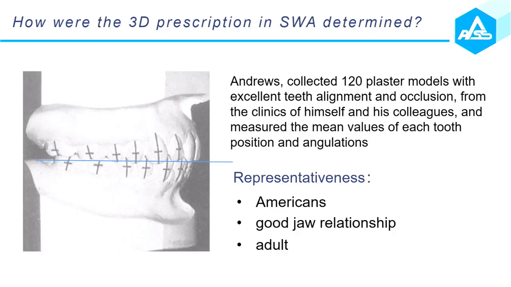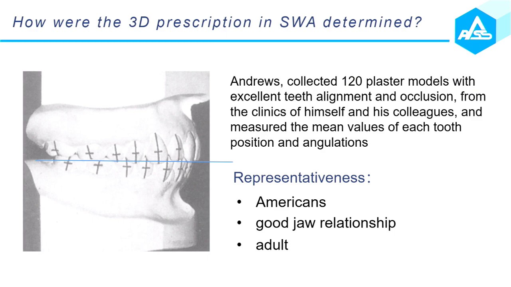The third one, age. Dr. Andrews did not describe the age in his paper, the 6 keys paper. So when he visited our university and gave a lecture there, I asked him the age of his study cast, the 120 cases.